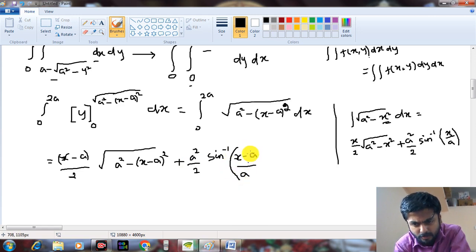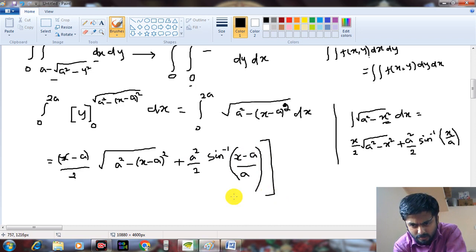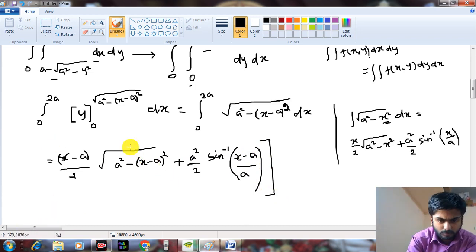So that is the antiderivative, and the limits are 2a to 0.